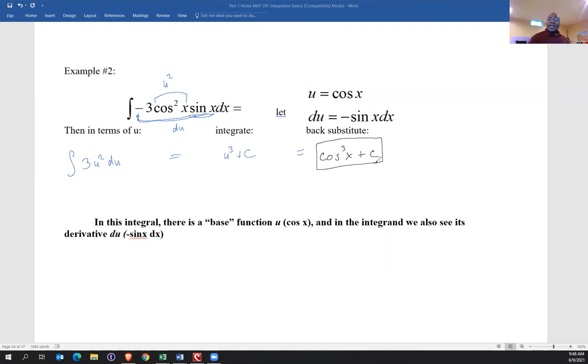And we see the same thing happen here. In the integral, we have a base function, which is our inner function, cosine of x. And in the integrand, we also see its derivative, negative sine of x dx. So when we're looking at the substitution method, that's one of the first things that we're looking for.